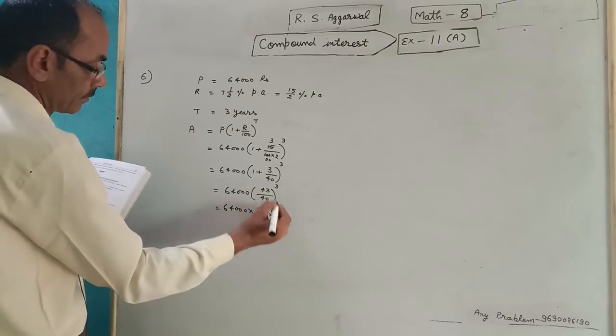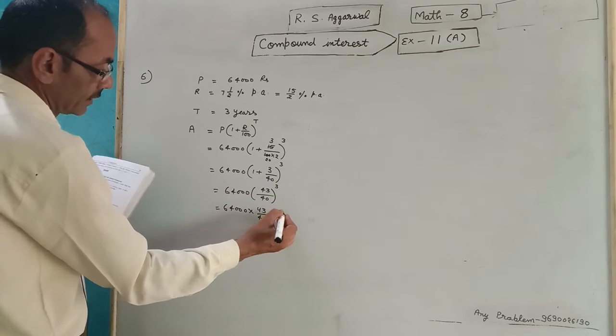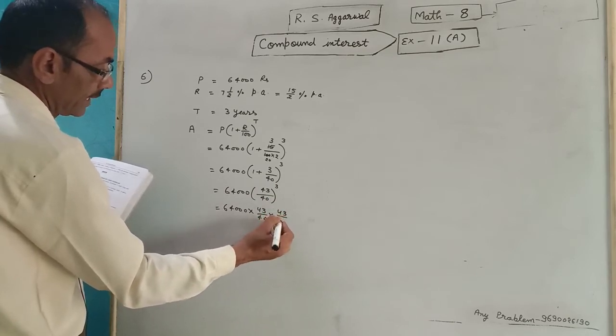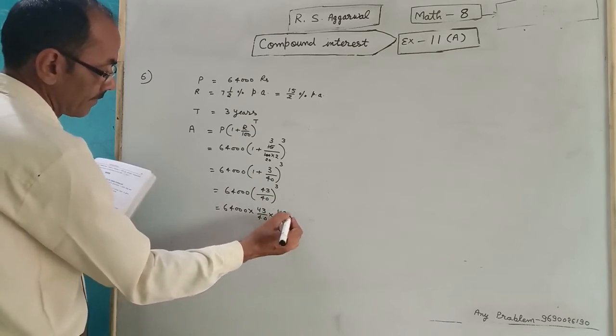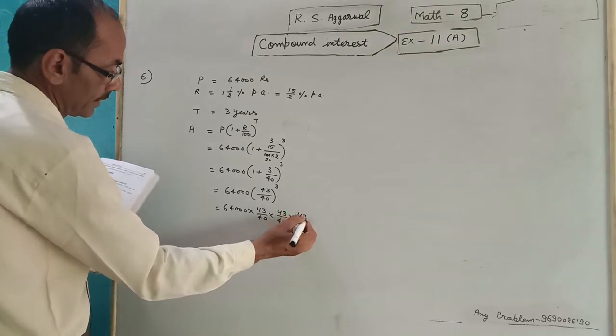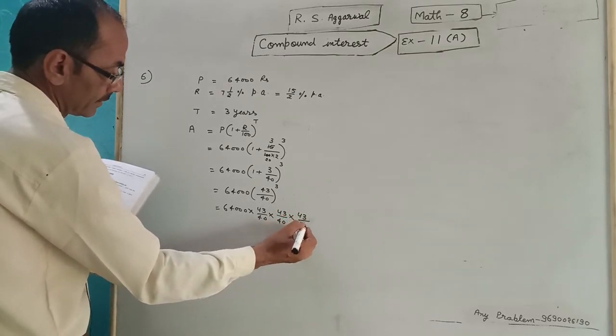Write the power is 3. So we write 43/40 three times.